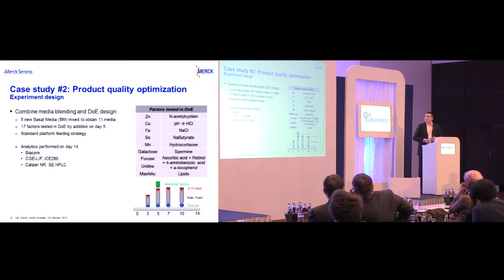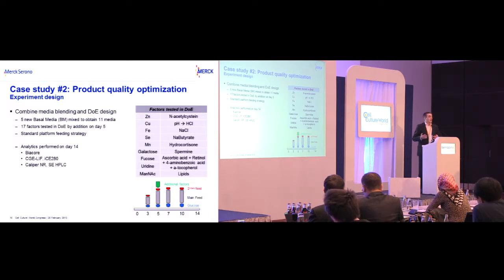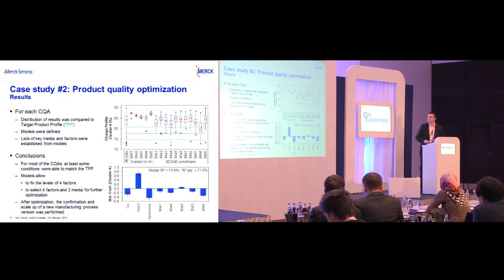And on top of that, we added a DOE testing 17 factors that were added at day 5 on top of our standard feed. I already mentioned the analytics that we performed. It was only performed at day 14.